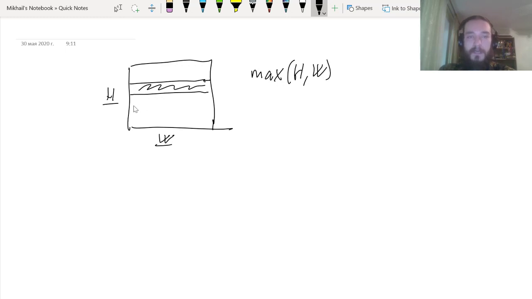Right, so we can go with, for example, we chose row, so W. Since we went with the row, it was the case that W is at least H, because we chose optimally.